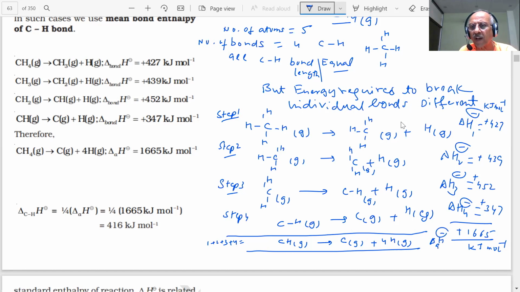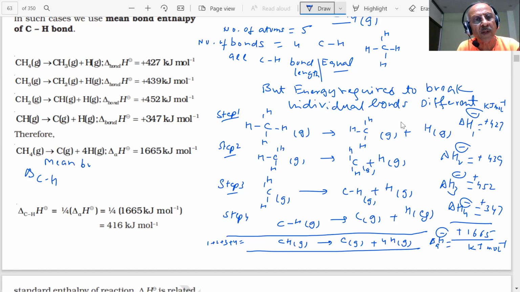But you can see, students, individual steps have got different values. Why? Because the environment of each is different. This environment is different, this environment is different, this environment is different. So if I want to calculate delta CH, the bond enthalpy of one CH bond, it is called the mean bond enthalpy.